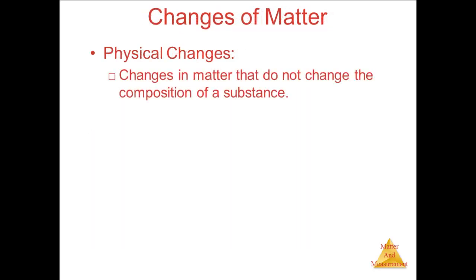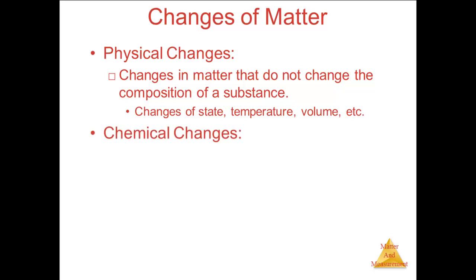Physical changes do not change the substances that are present, meaning that the very same molecules are present after the change. Things like changing state, changing temperature, changing volume, and so forth. Chemical changes do change the substances present, which means we have new substances present after the change.